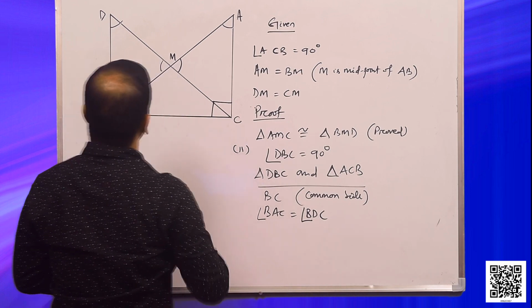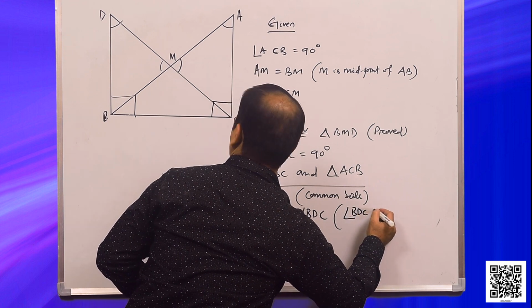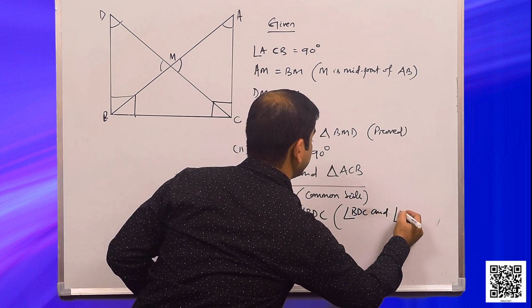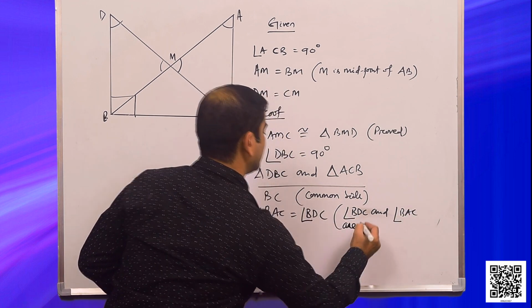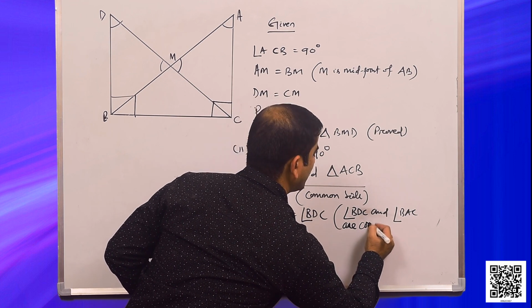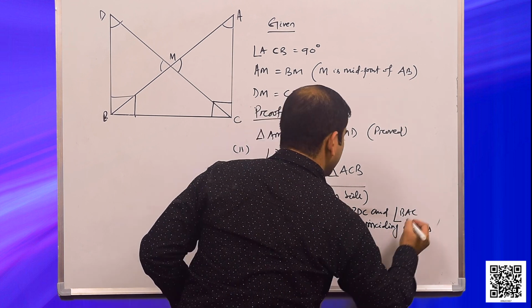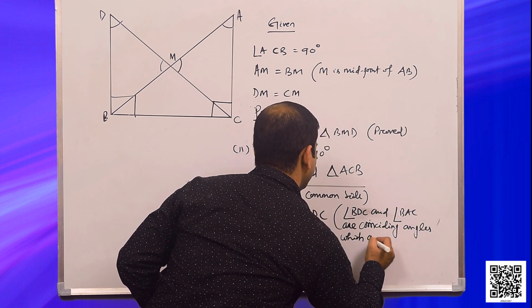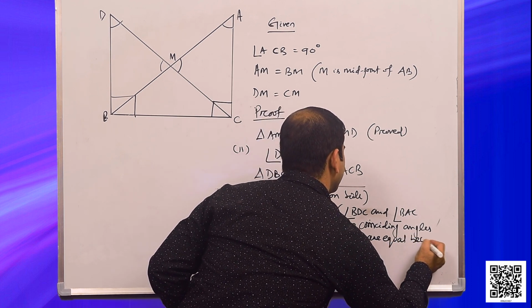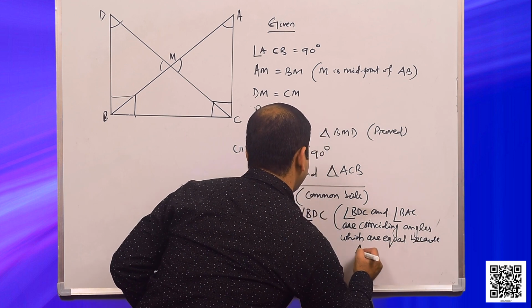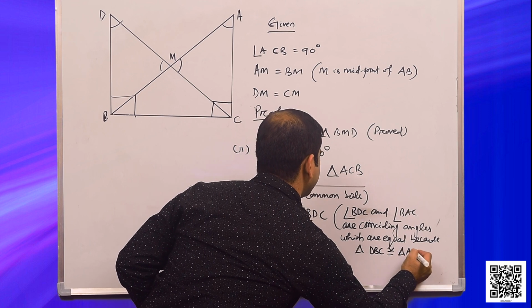Why? Because angle BDC and angle BAC are coinciding angles which are equal, because triangle DBC is congruent to triangle ACB.